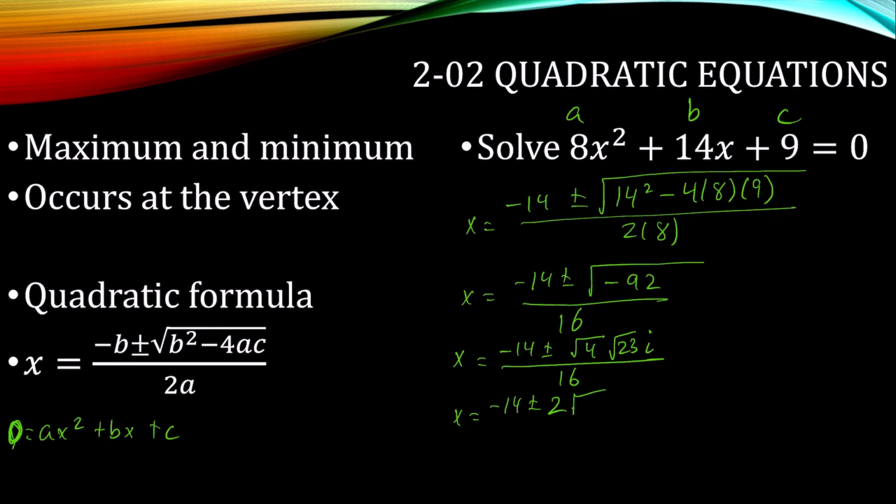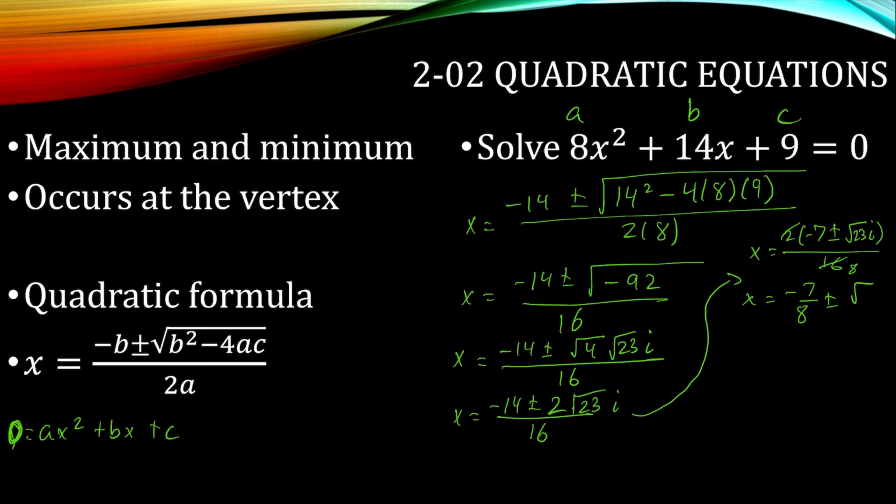Square root of 4 is 2. On the top, we could factor out a 2, making it 7, and just the square root of 23. And so the 2 can cancel with the 16. So it looks like I'm going to have negative 7 over 8 plus and minus square root of 23 over 8 i if I separate it into separate fractions.